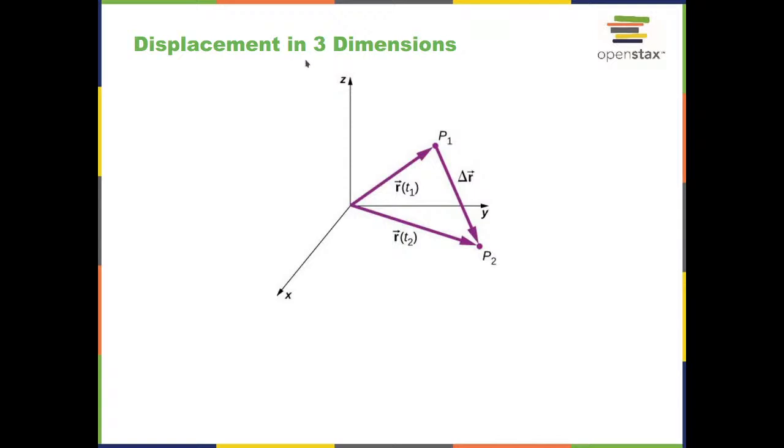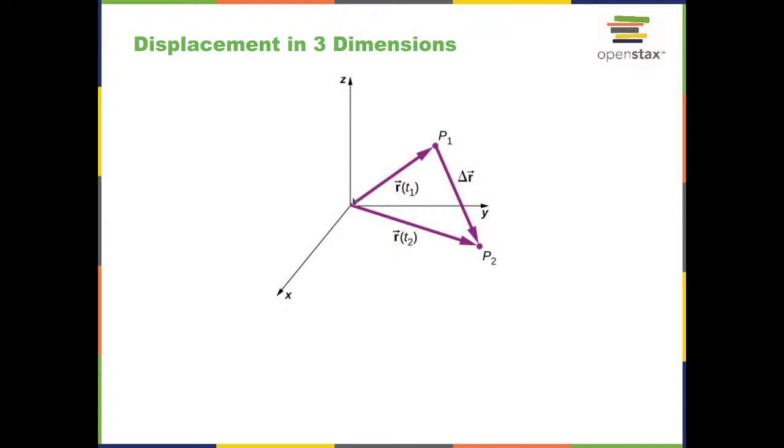This is a little bit different than the next vector we're going to be talking about, the displacement vector. The displacement vector is when we have a displacement from one position, P1, to a position P2. This one is position R at time 1, position R at time 2.